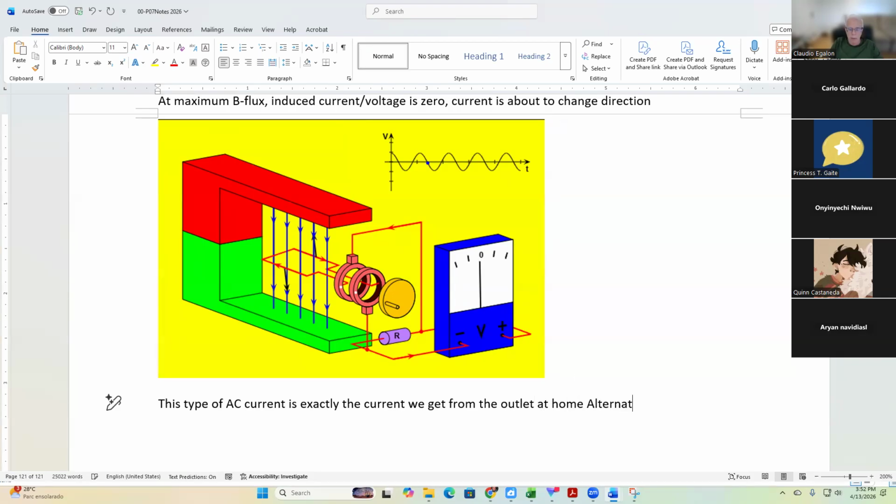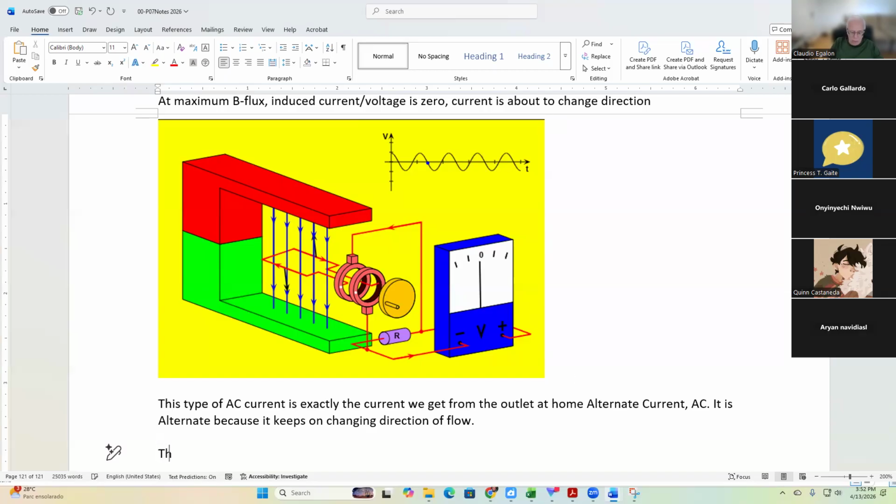Alternate current, AC. It is alternate because it keeps on changing direction of flow. That's why it's alternate.